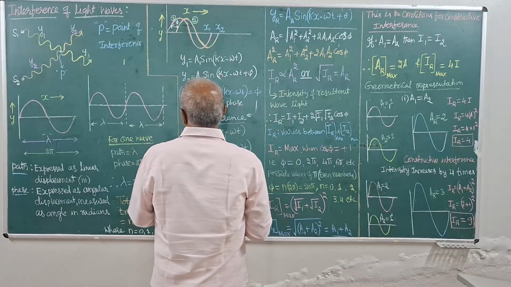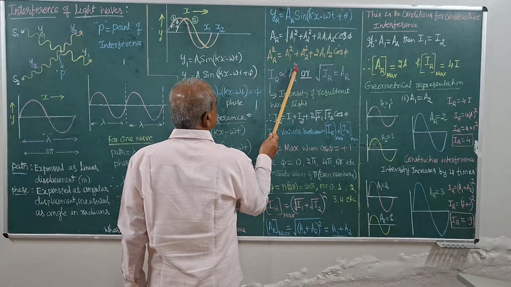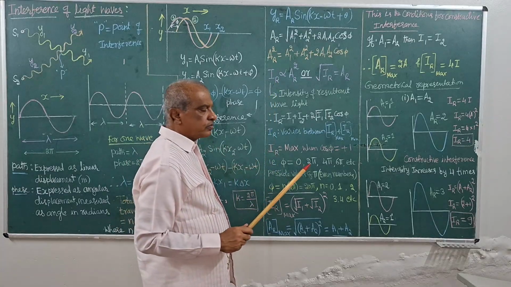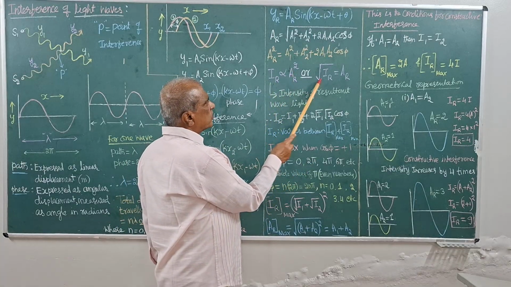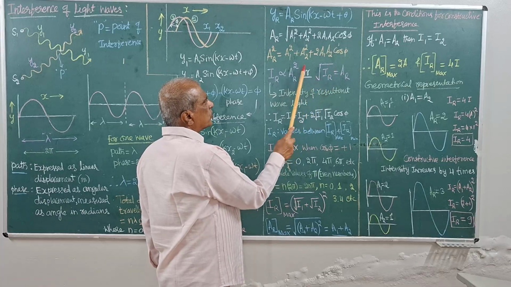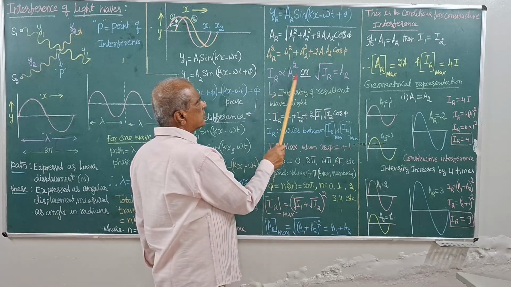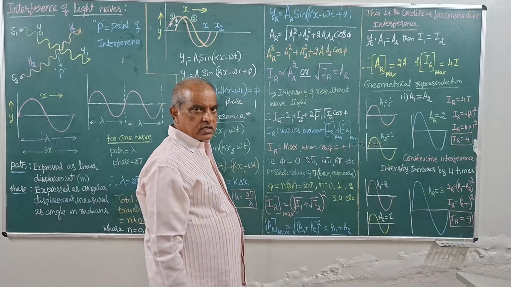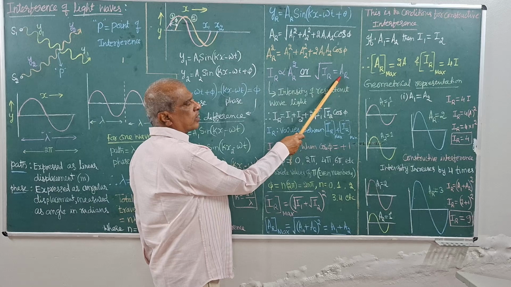I am talking about the resultant intensity, therefore the square of the resultant amplitude. So this is the equation, in terms of square or square root; both are the same. Either this or this. The intensity of the light is related to the amplitude.